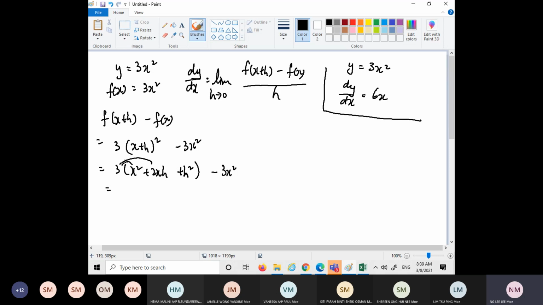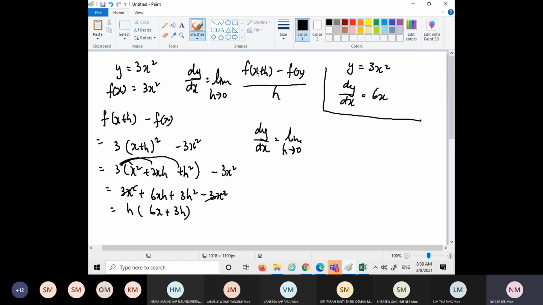Bring in the 3. So 3x squared, 6xh, 3h squared minus 3x squared. This and this, no more. So we have 6xh plus 3h squared. I know that later I'm going to cut with h, so I purposely factor out h. Continue. So now the numerator, I copy from here.